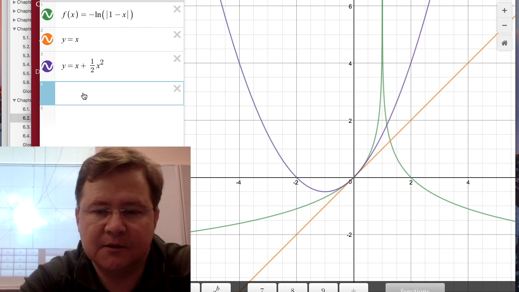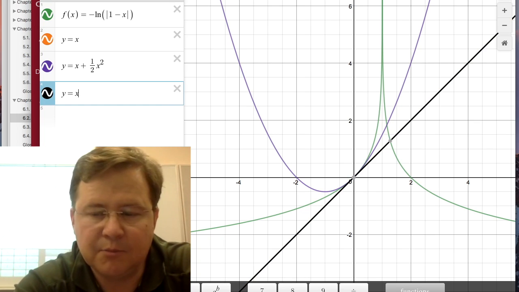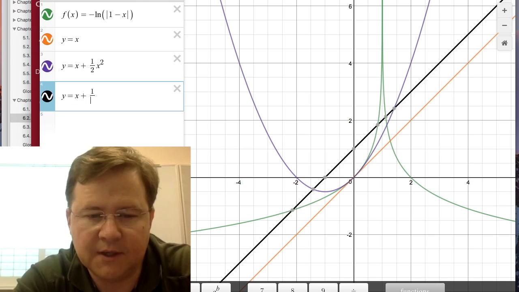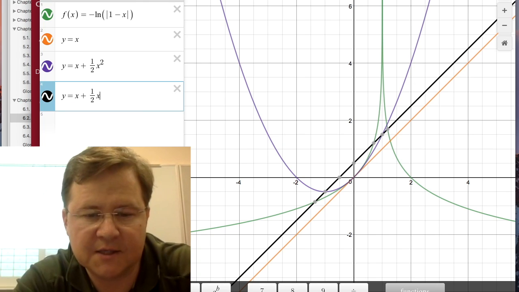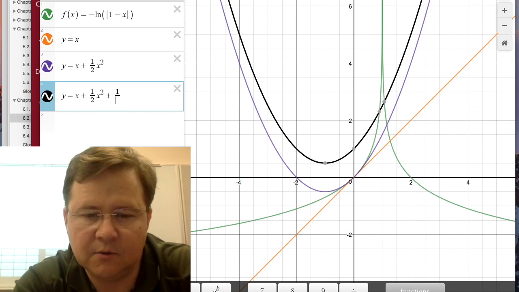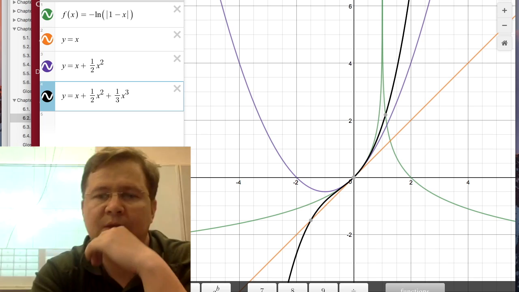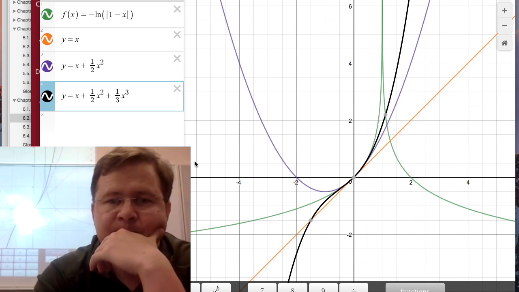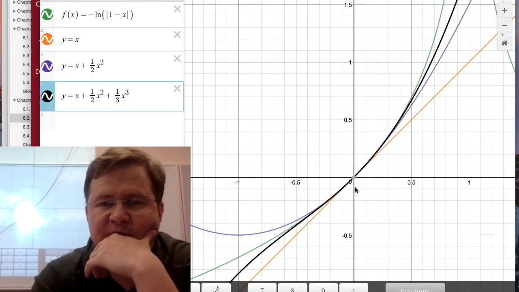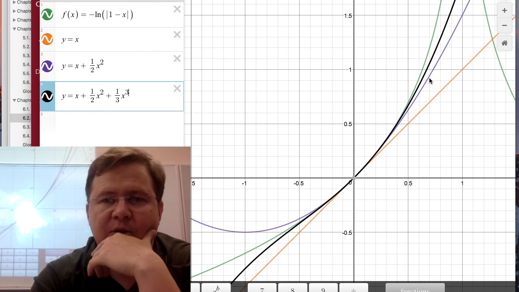If I was to go a step further, that's y equals x plus 1/2 of x squared plus 1/3 of x cubed. And that's a cubic, right? And it looks like it follows the graph even better than the quadratic did.